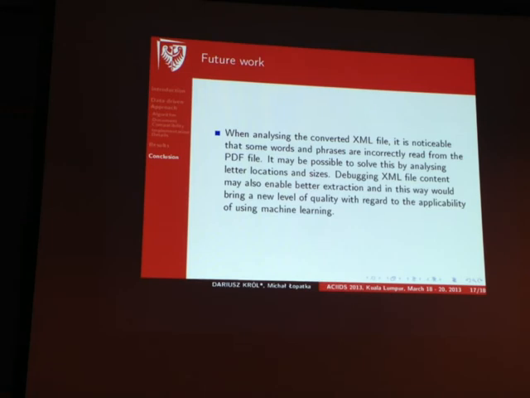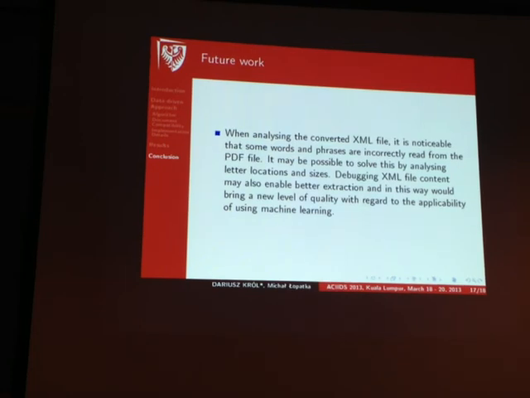The last conclusion was that if we use only PDF as an image, it's not enough. So if we support our method by XML structure already written, for example, using the source file from the authors, we can really correct the paper in an automatic way.